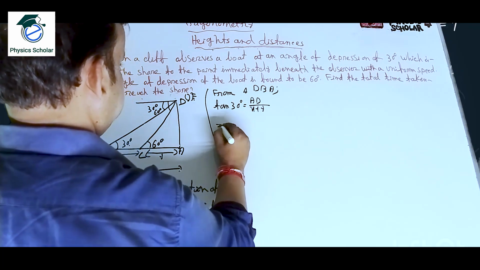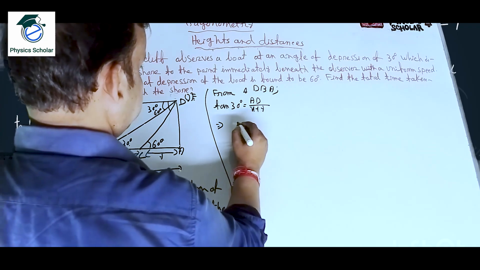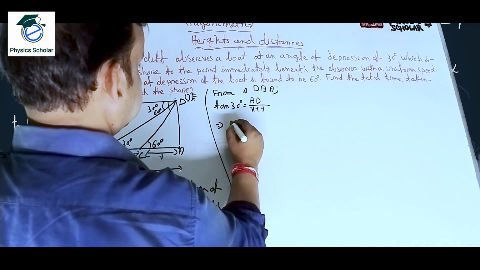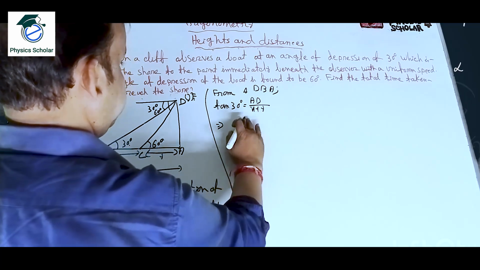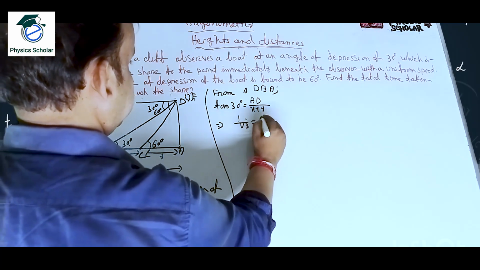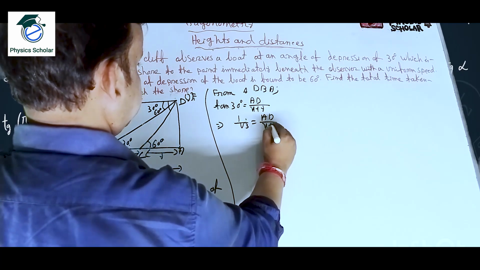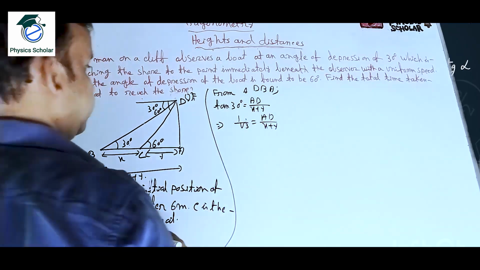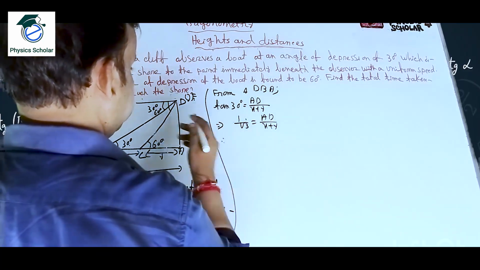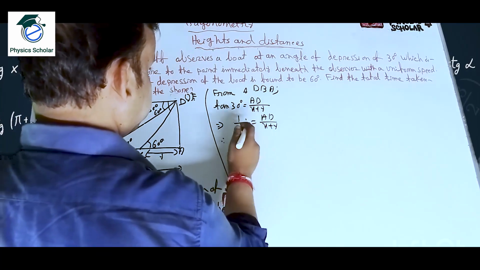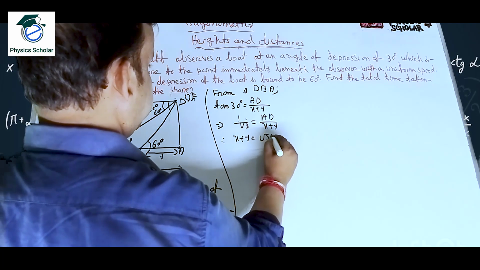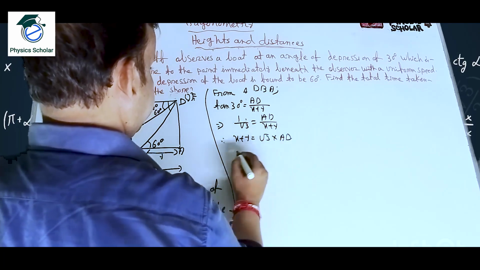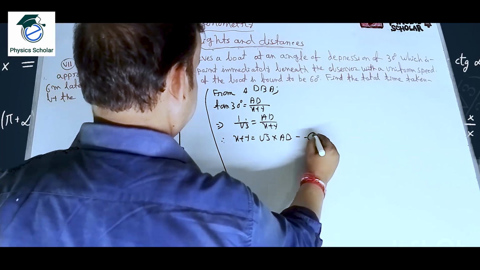Therefore tan 30 means 1 by root 3 is equal to AD by x plus y. Therefore x plus y is equal to root 3 into AD. It is equation number 1.